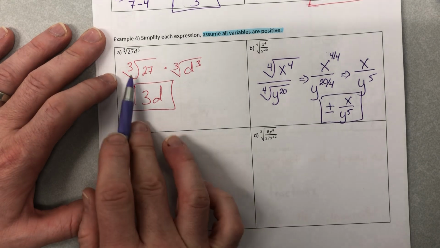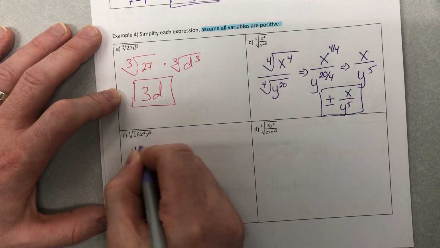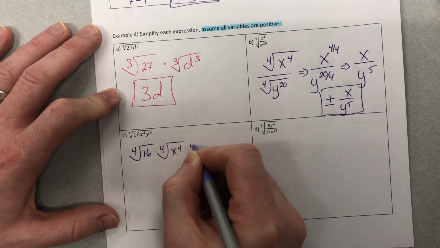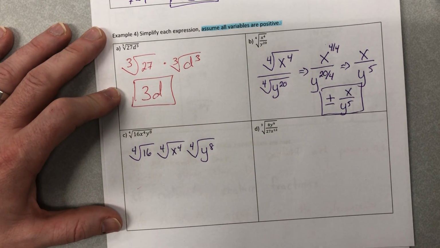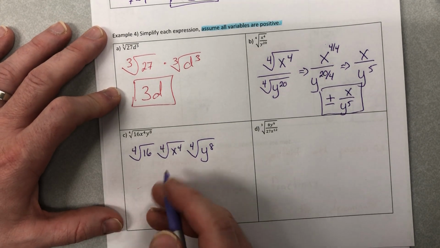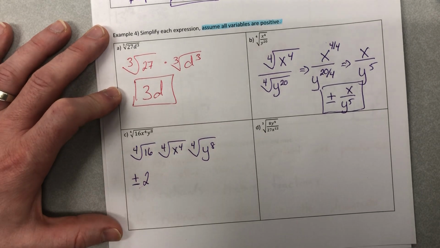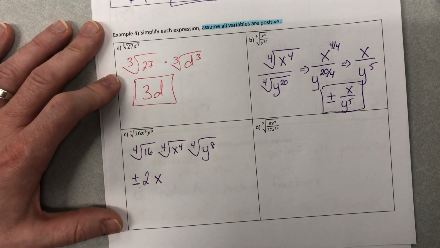Okay? All right, if we look at example C, it's similar to A. I would say the 4th root of 16 times the 4th root of x to the 4th times the 4th root of y to the 8th. What's the 4th root of 16? That's 2, plus or minus 2 technically. The 4th root of x to the 4th cancels out to just be x.